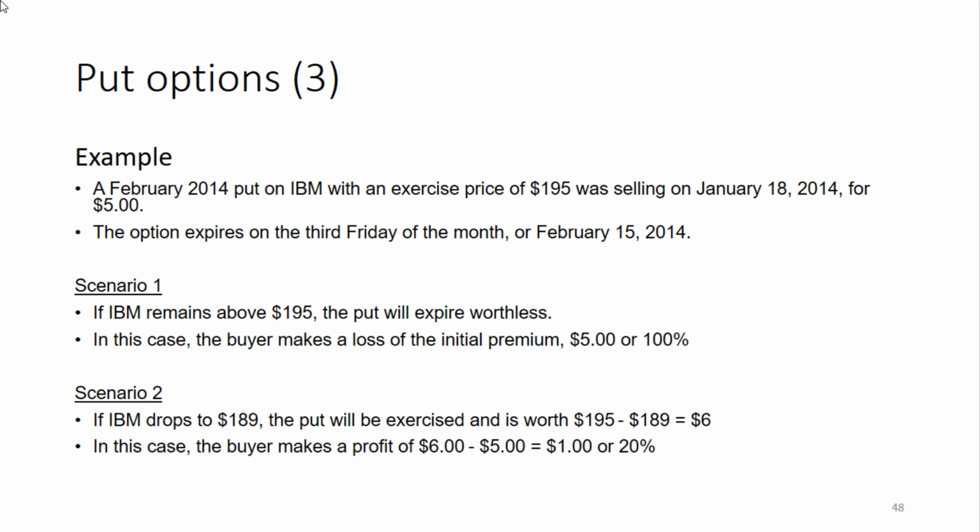First case, what could happen is that the IBM share price remains above 195. So well, then if you want to sell IBM, it's more attractive to sell it against that higher price than to exercise the put option and then only to sell it against 195.